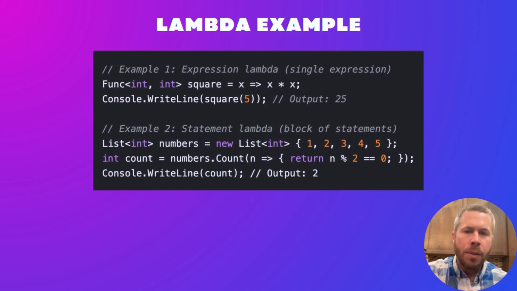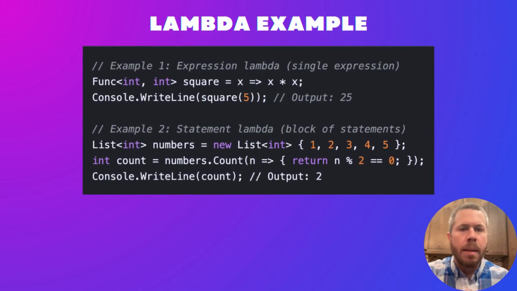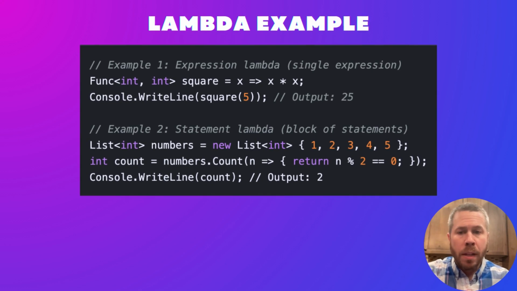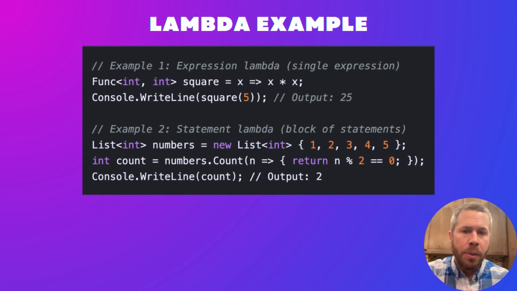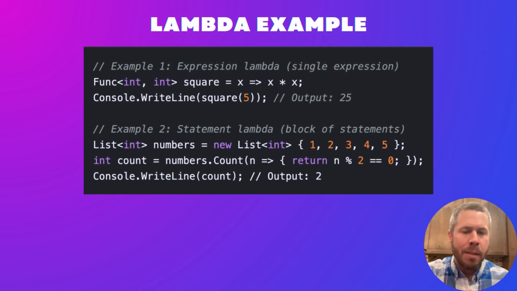I thought it'd be helpful to go over a quick lambda example with you as well. Well, in fact, we have two here showing both the expression lambda and the statement lambda. Again, we're going to be focused on the expression one. Don't be alarmed if you're not familiar with this Func<int, int> delegate type syntax. What I want your attention on is the x with the lambda operator arrow and then an expression.